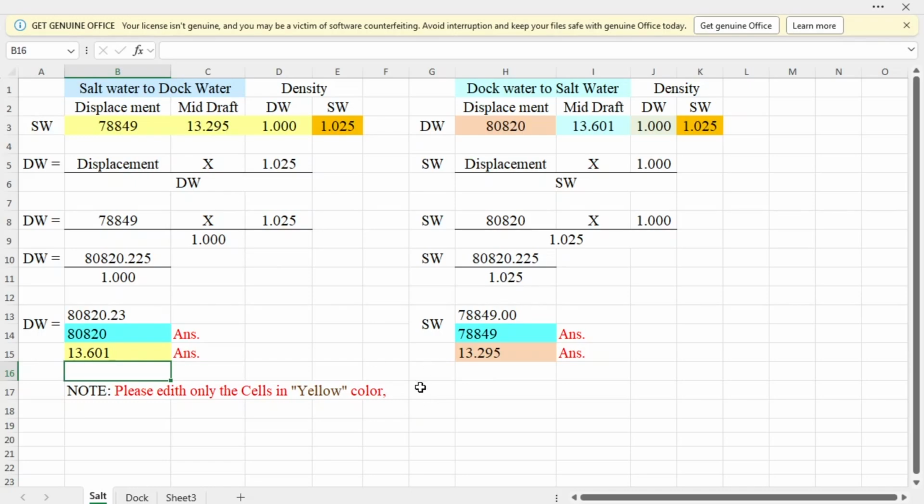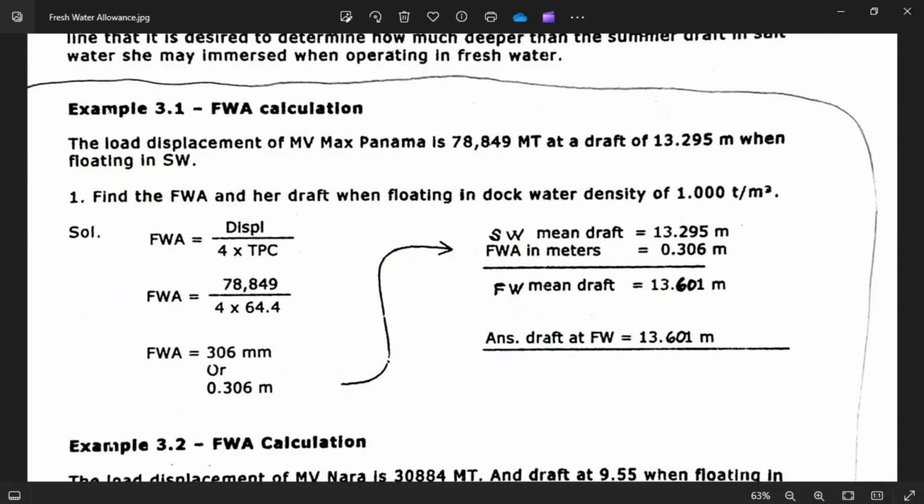Okay, so what will be the draft when you are floating in a density of 1.00? The draft would be 13.601, which is this one, guys.